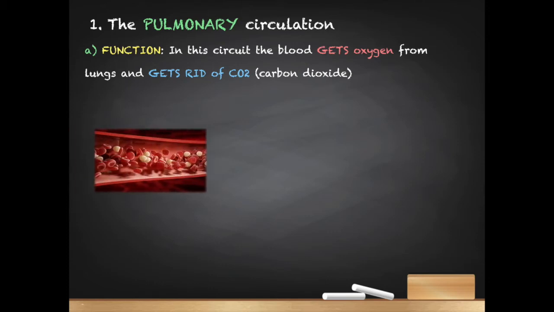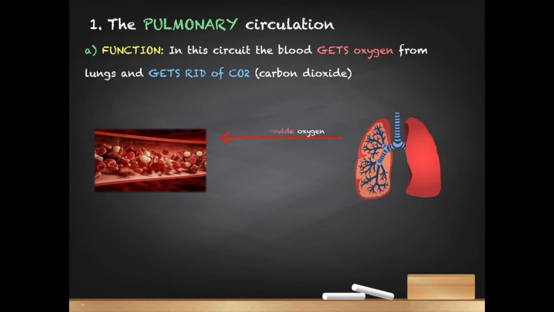As you can see, this picture is the blood, and this picture is our lungs, and the lungs provide oxygen to our blood. This is an important verb, provide. And the blood releases carbon dioxide. You can search this verb, release.